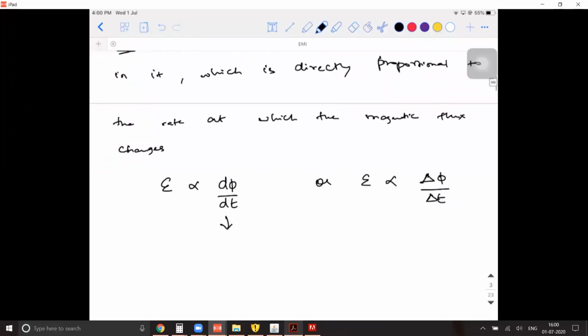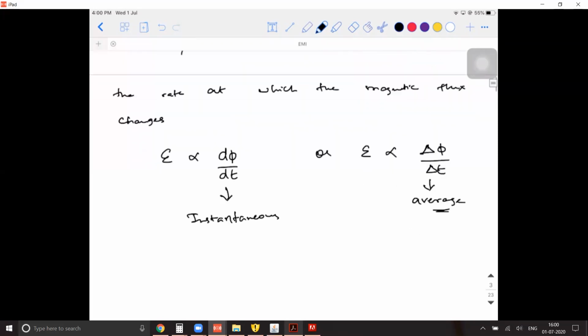This one is instantaneous, and this one will be average. Very good. If the flux is a function of time, then you need to differentiate. If the flux is constant with respect to time, you need to find the average.